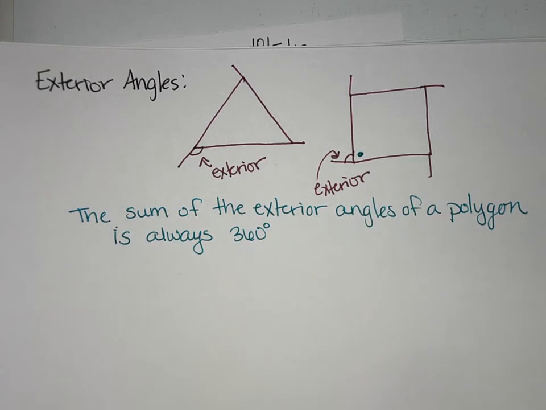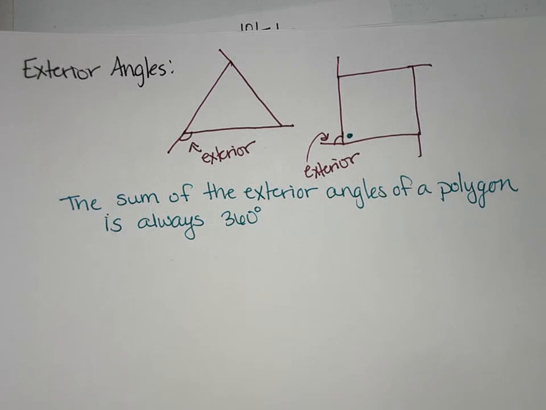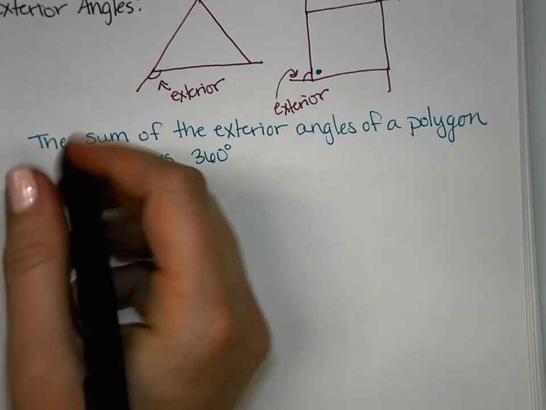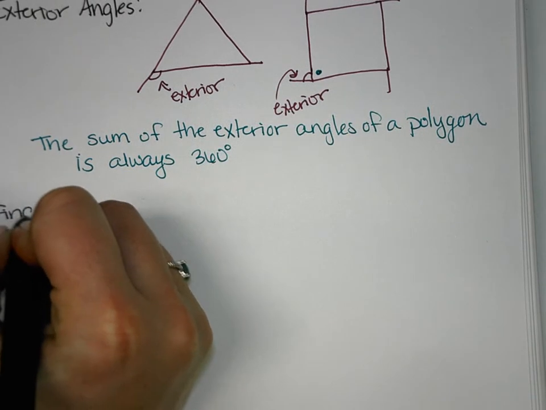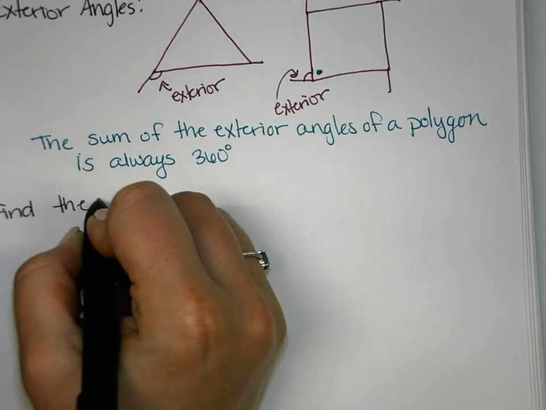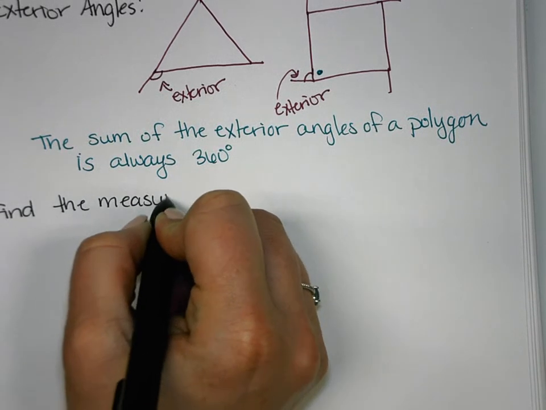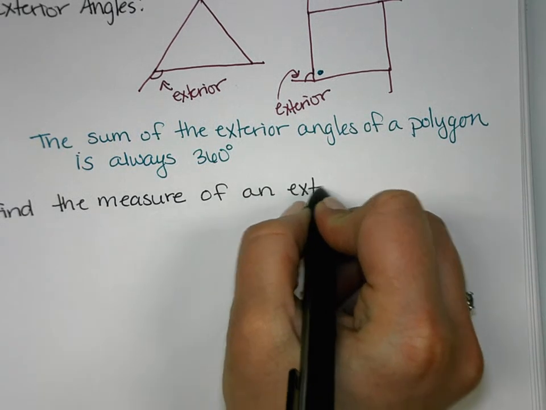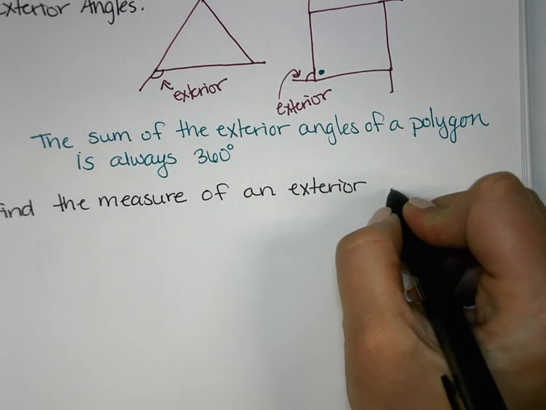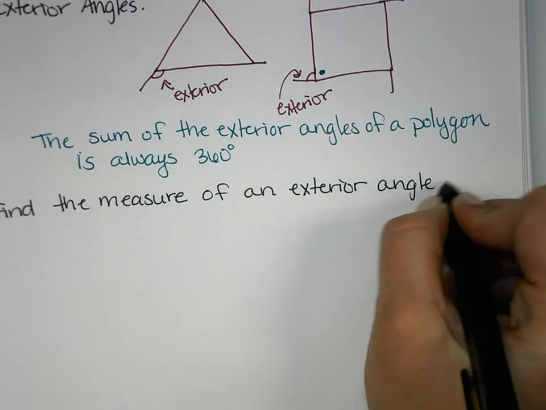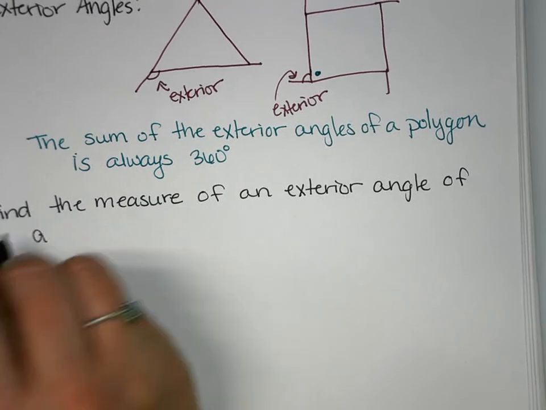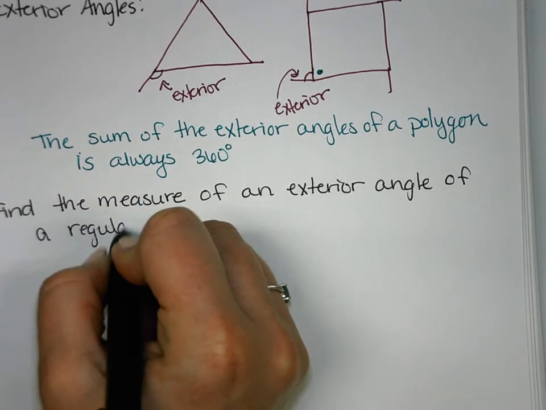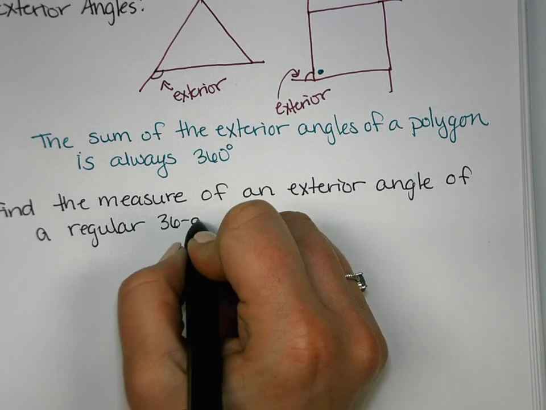Okay. So when we actually see problems that use exterior angles or use this idea, find the measure of an exterior angle of a regular 36-sided polygon.